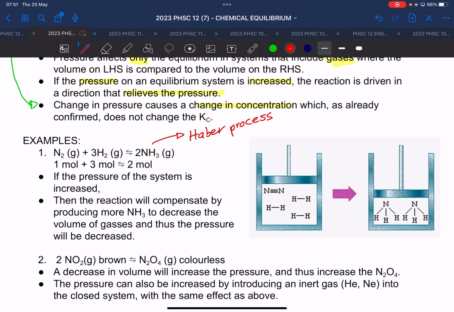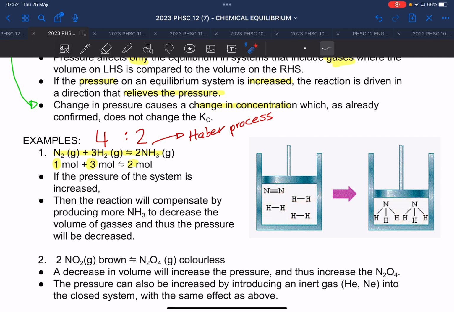Alright. Okay, so there we see we have the Haber process. And you can see it's 1 mole plus 3 moles, so that gives you 4 moles versus 2 moles. On the right-hand side, I showed you a diagram. So here you have 4 molecules versus 2 molecules.